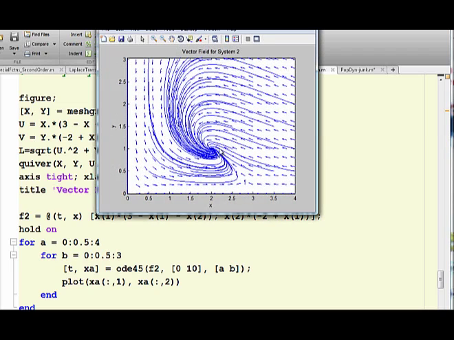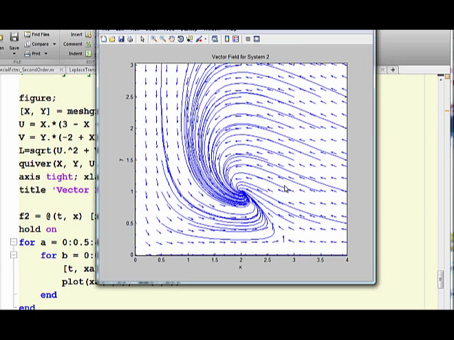And this time we get an asymptotically stable critical point right here at (2, 1). And so all the populations are honing in on that point right there. Make it a little bigger perhaps. And you can see the asymptotically stable spiral point right there.